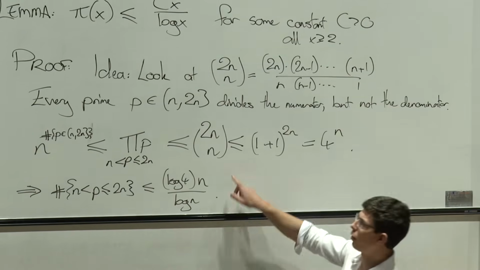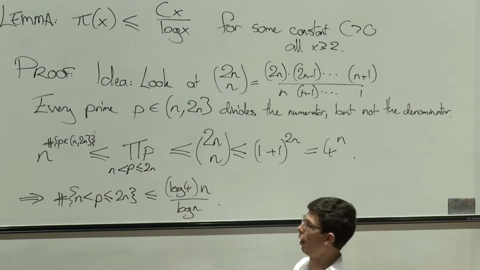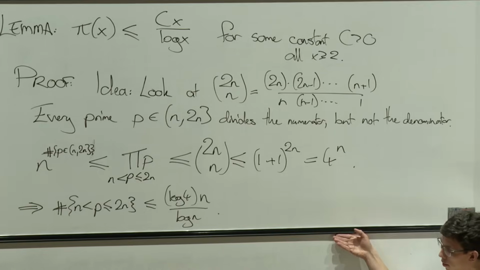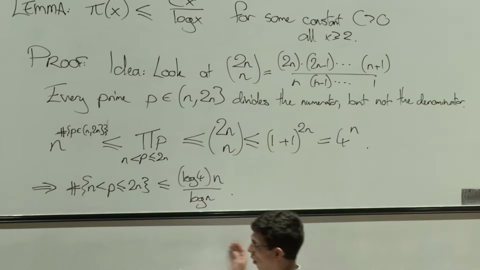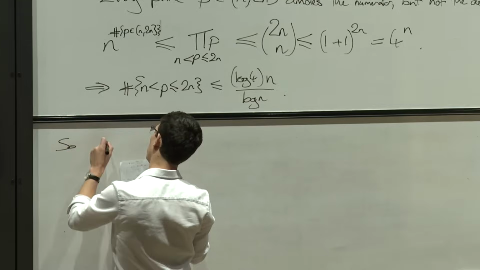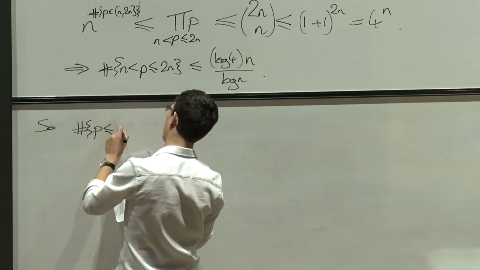So this is very close to what we want, apart from the fact that we want the number of primes counted between 1 and x instead of the number of primes between n and 2n. But we can move between these pretty easily.